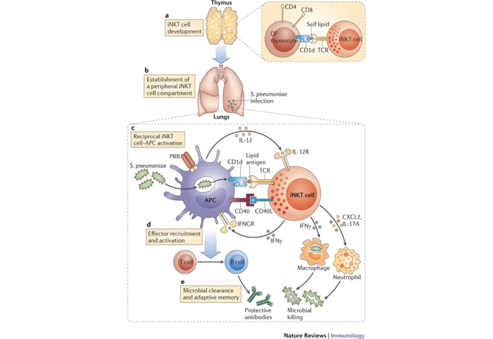So this shows a bit of the localization of some of these reactions. So in the thymus, you have a T cell here, a CD4 or a CD8 T cell, connecting through the T cell receptor into a natural killer T cell here, which then is mobilized to the lungs where the infection is occurring.